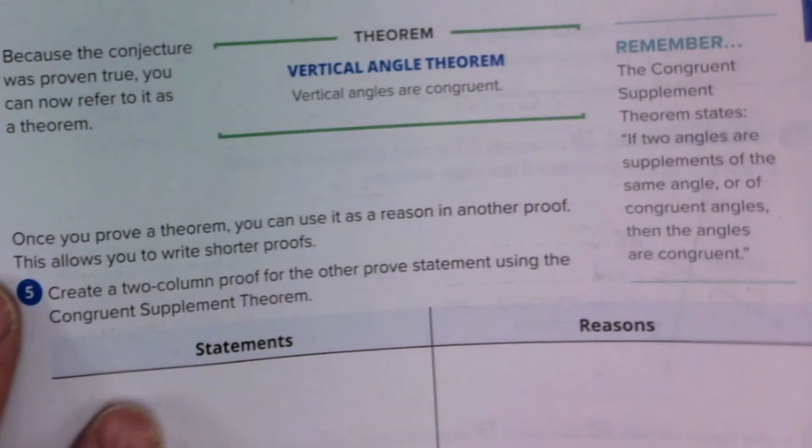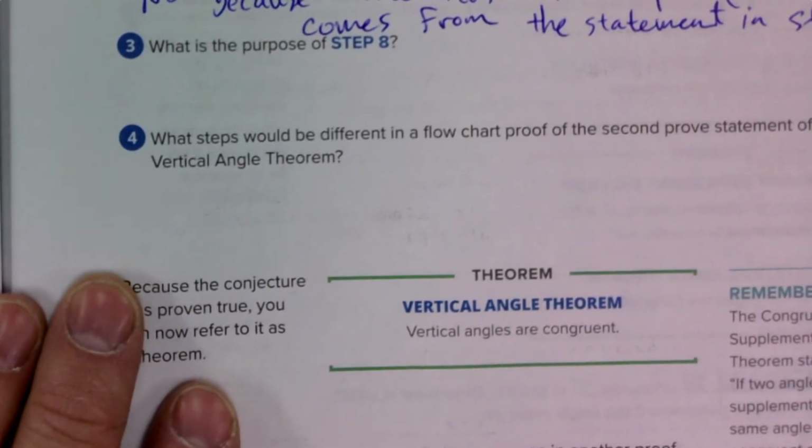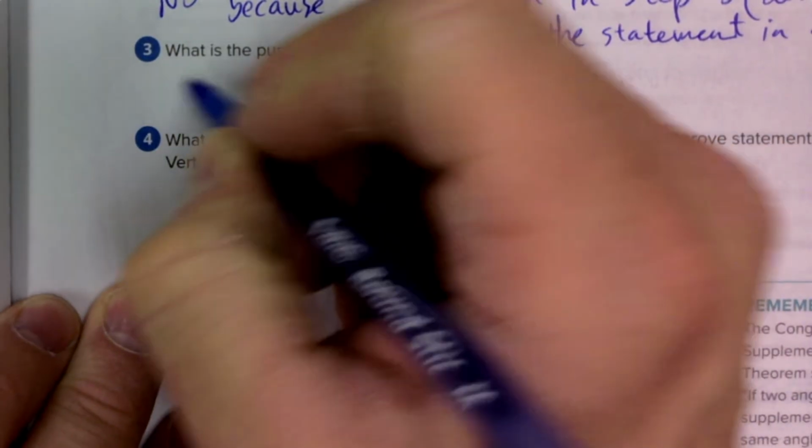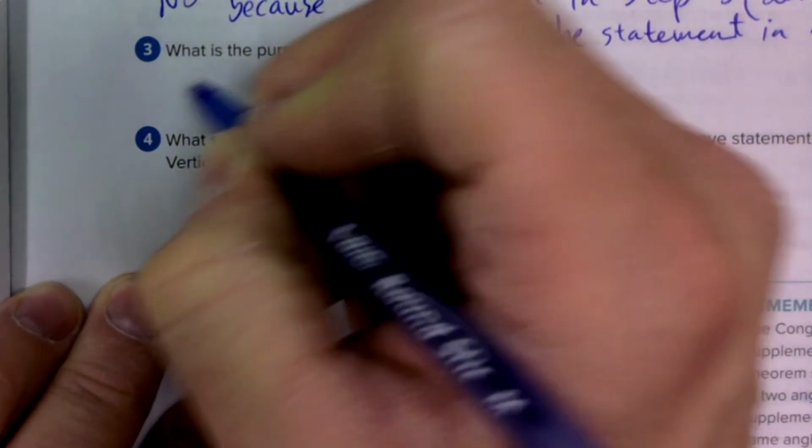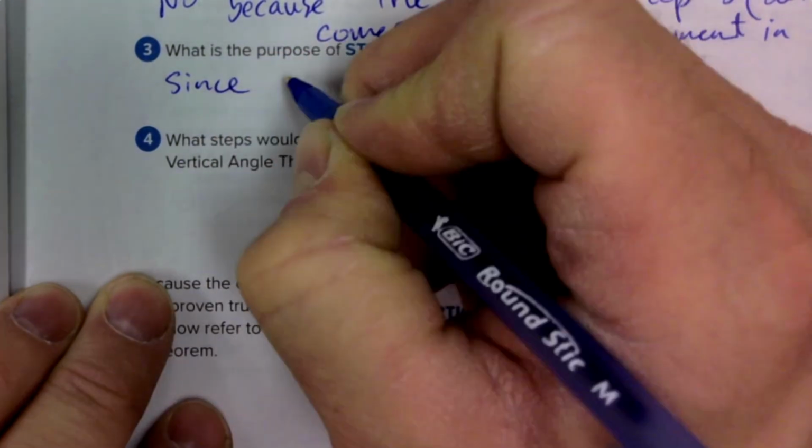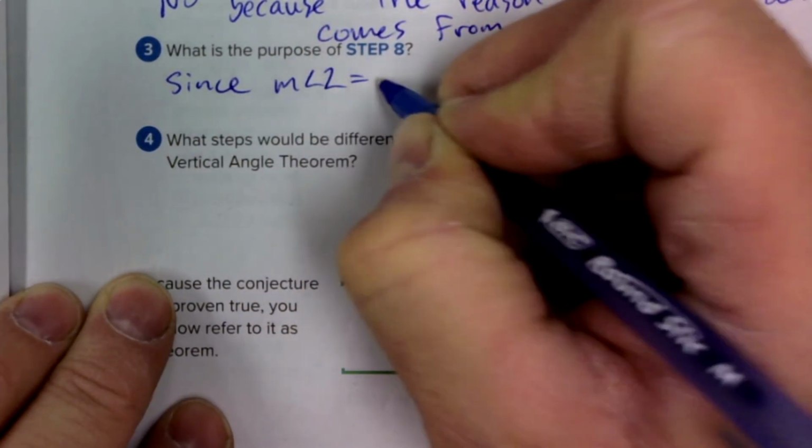Here's what we're going to write in our answer for number 3. What is the purpose of step 8? Step 8 says that the measure of angle 2 is equal to the measure of angle 2.